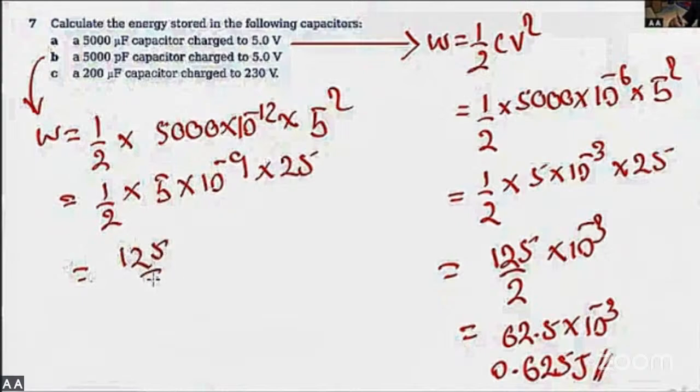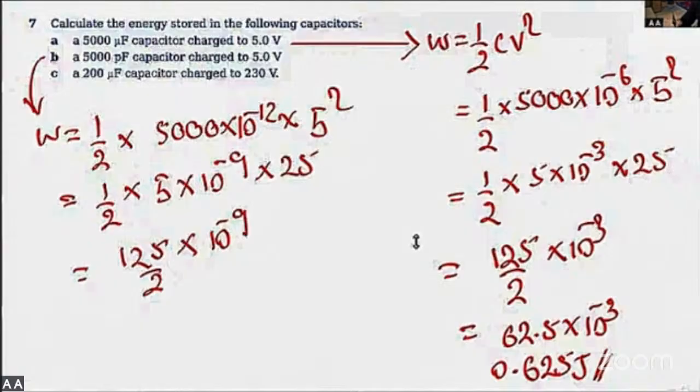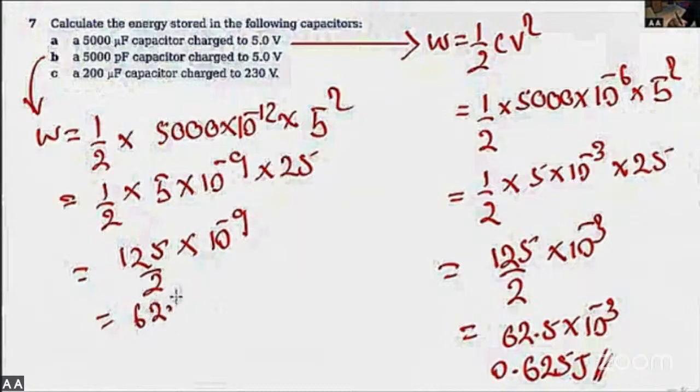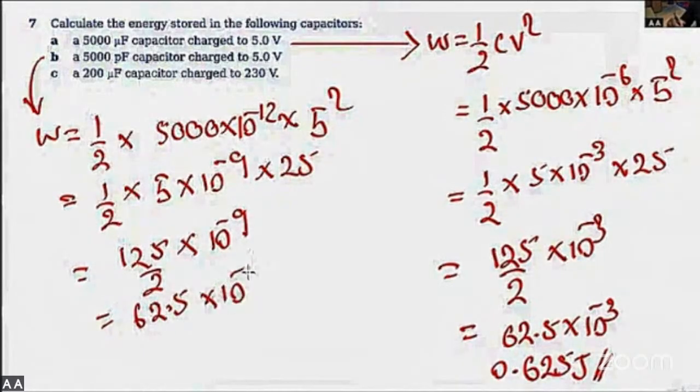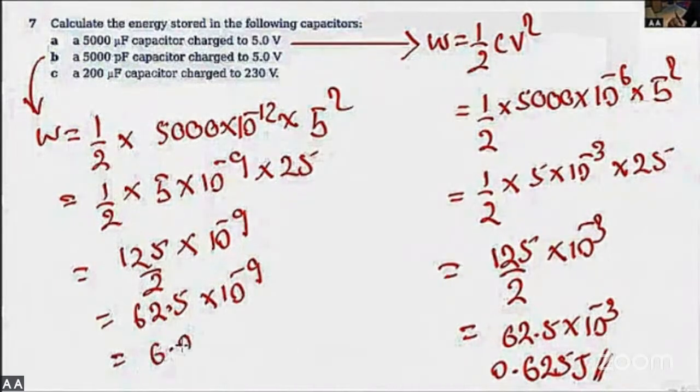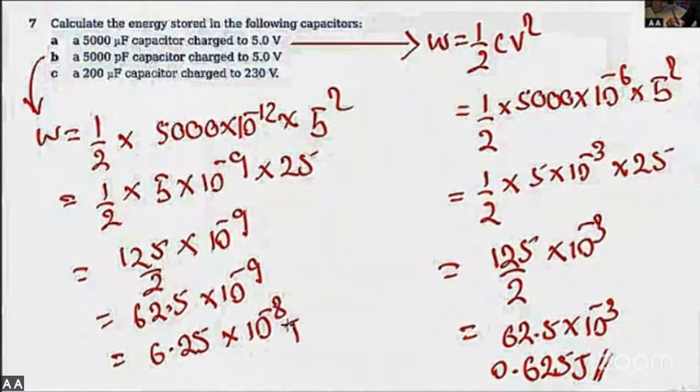Then 125 over 2 into 10 to the minus 9. 125 over 2 is 62.5, so 62.5 into 10 to the minus 9. Then it is 6.25 into 10 to the minus 8 joule.